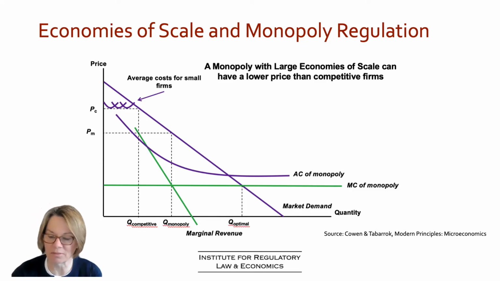In the natural monopoly model, Q monopoly would be the monopoly outcome, lower output, higher price.